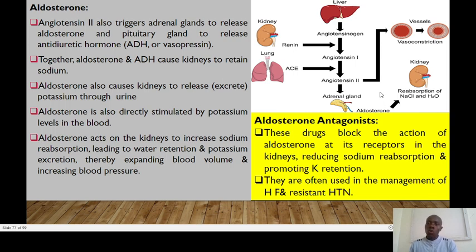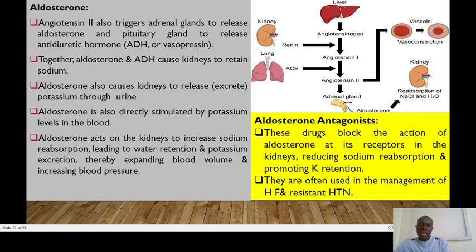The ADH will cause reabsorption of water, while the aldosterone will cause increased retention of sodium. So together, aldosterone and ADH cause the kidneys to retain more sodium and more water. And the aldosterone will cause the kidneys to secrete potassium through urine.